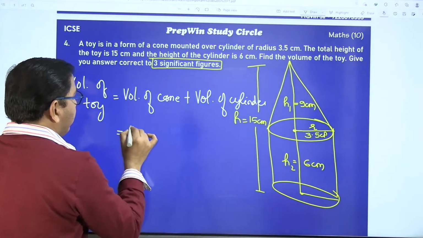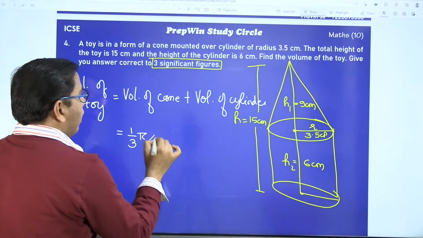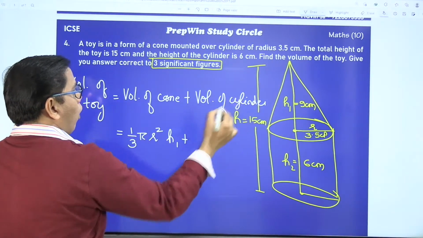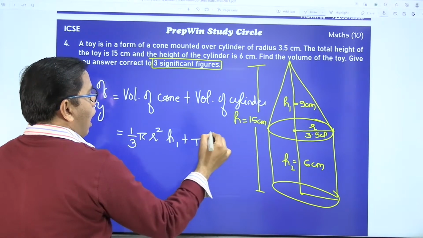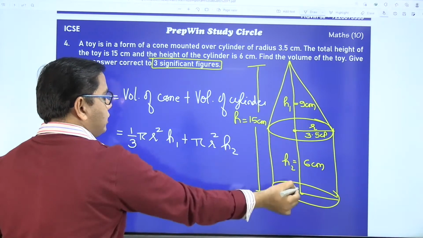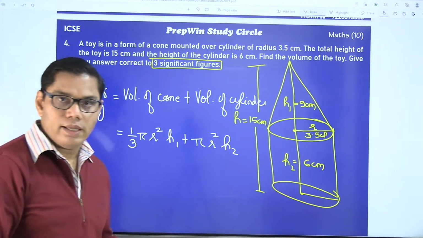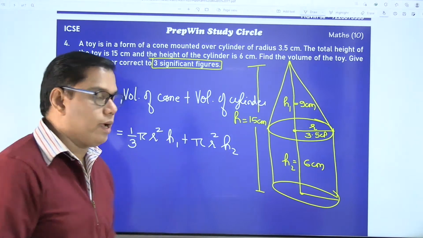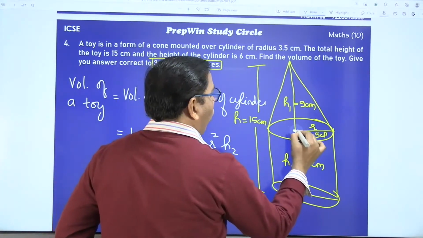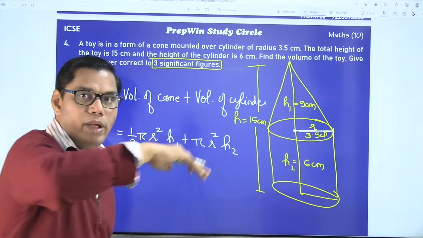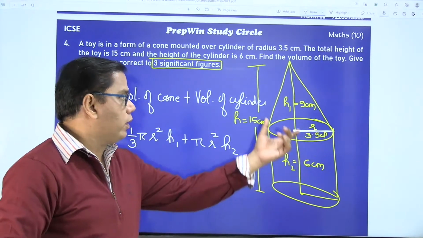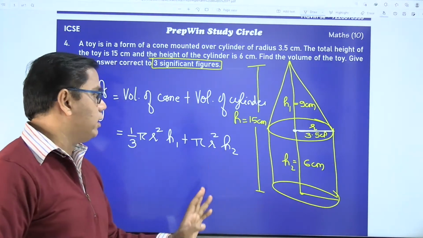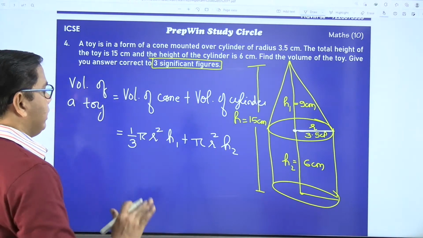So volume of a cone is 1 upon 3 pi r square, the height of the cone is h1, plus volume of a cylinder is pi r square h, and the height of the cylindrical part is h2. Is it fine? Is it correct? Okay. R1 and R2 I have not taken because the cylinder and cone share this radius. Okay. Their base is both circular. Okay. Cone is surmounted on the cylinder, so their radius will be the same, both will be 3.5 centimeter, right?